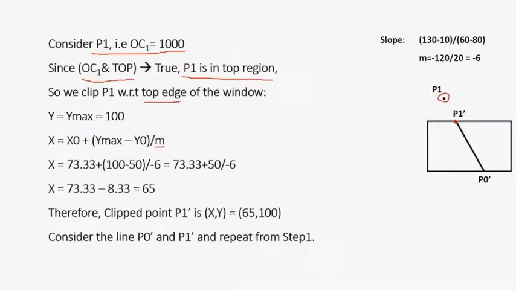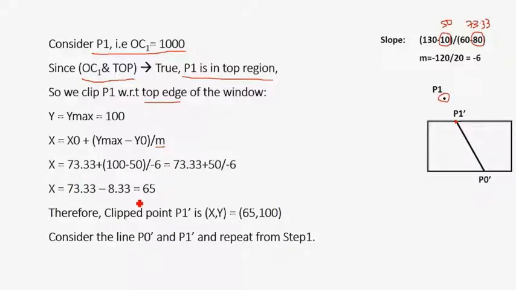Even if I take the slope of the new line, in this case using the P0 point itself, even if you take this as 73.33 and this as 50, you would get the same slope as the actual line that we had, so there is no issue. Now I plug in these values, I get my x as 65.